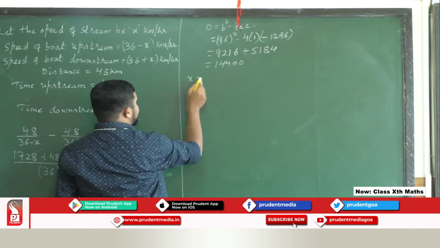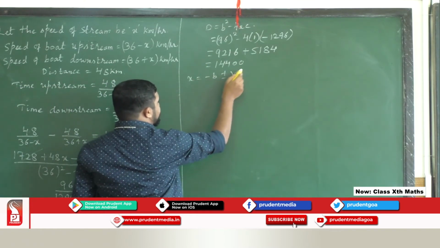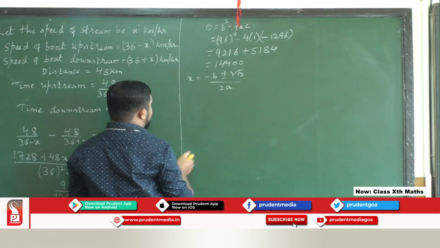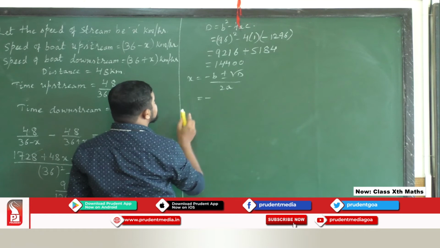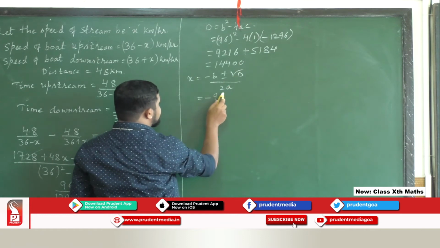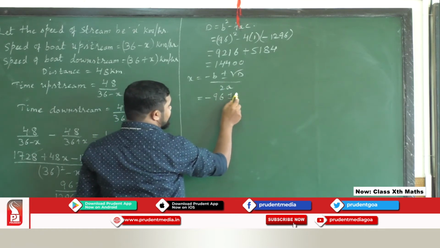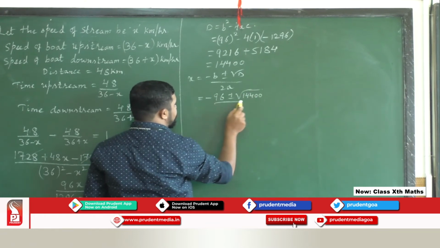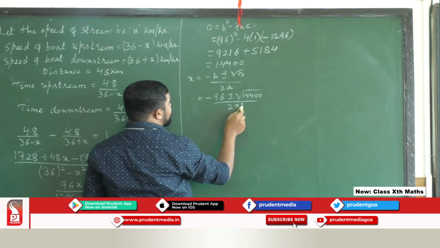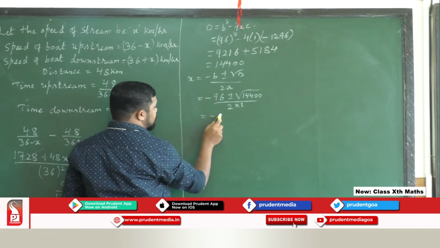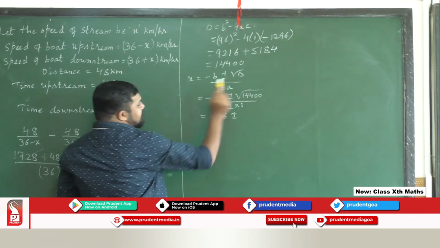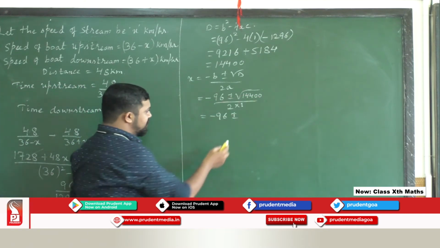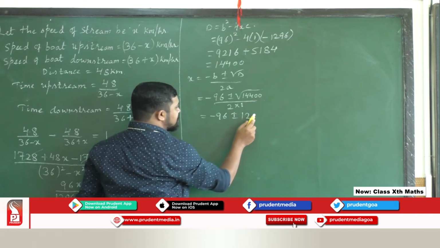So x equals minus B, so minus 96 plus or minus square root of 14400. First find the square root of 144. You know it is 12. Two zeros, put one 0, 120.